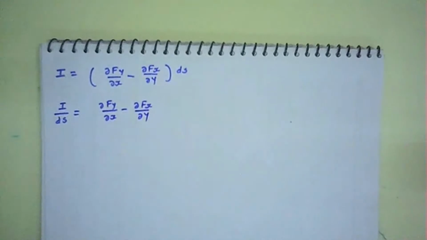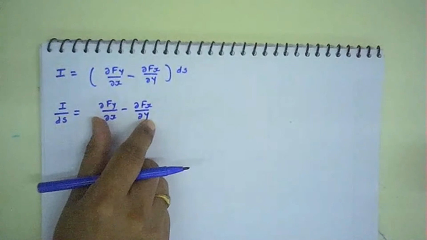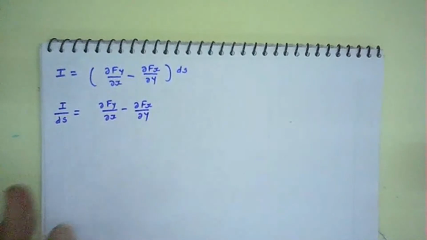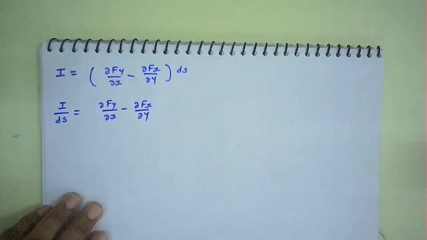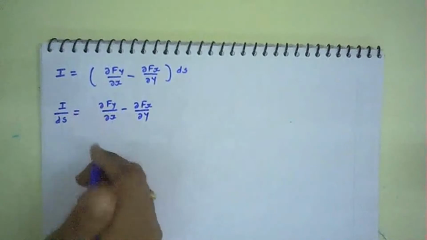Here we have considered our closed path in the particular xy plane. What would be the direction of that current?